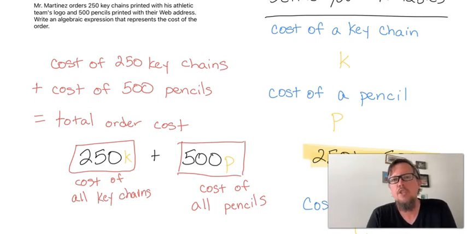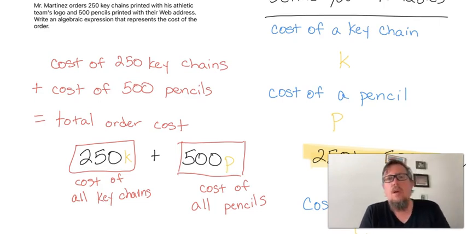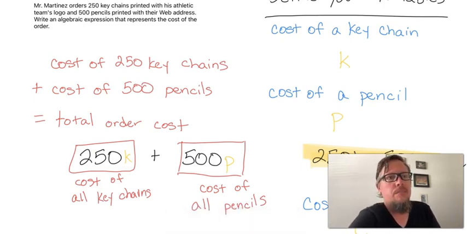And then we could have just said 250K plus 500P equals C, and that would have been totally fine too. There's nothing wrong with that. But the two variables we really needed were the cost of one keychain and the cost of one pencil. Once we know those two things, we have enough information to tell the total cost just by using addition.